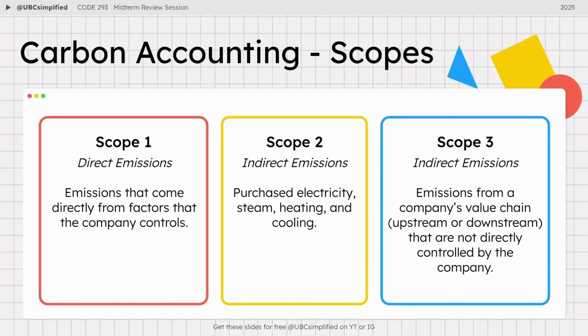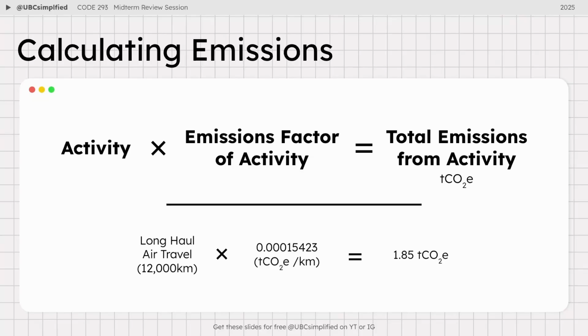And then depending on the industry, depending on the company, some will have way higher scope 1 emissions, some will have way higher scope 3 emissions. It really varies. And then when you're calculating emissions, you're going to take your activity.